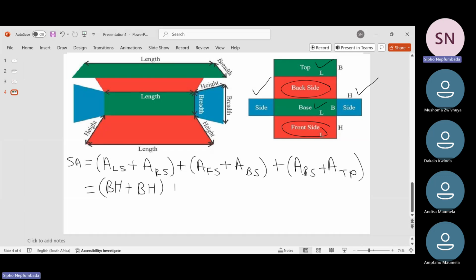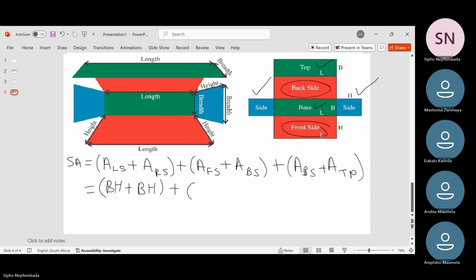Remember we're talking about length times breadth, right? Then the base times height again, plus the area of the front side.